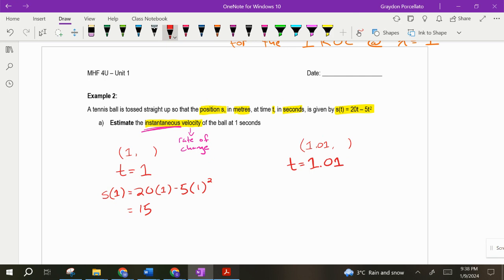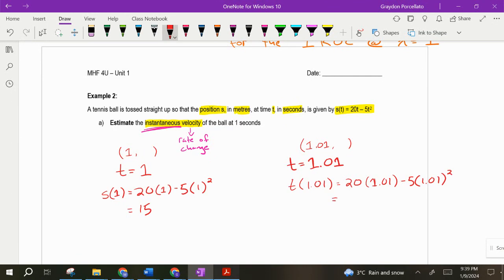And if I sub in t of 1.01, that's going to be 20 times 1.01 minus 5 times 1.01 squared.